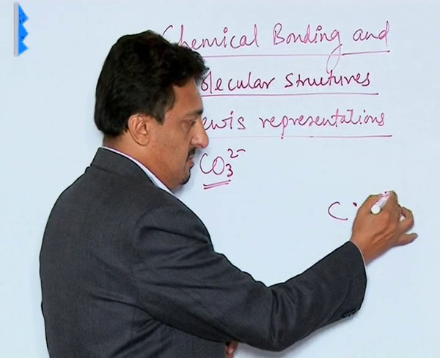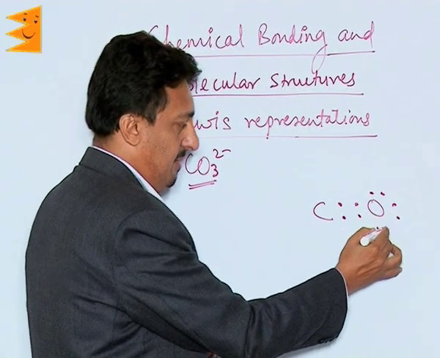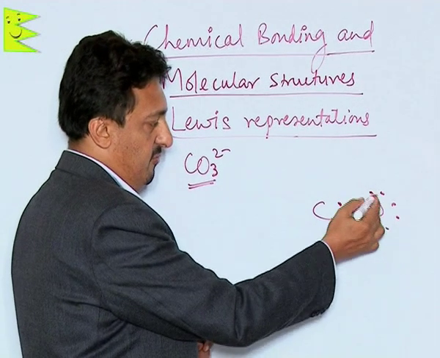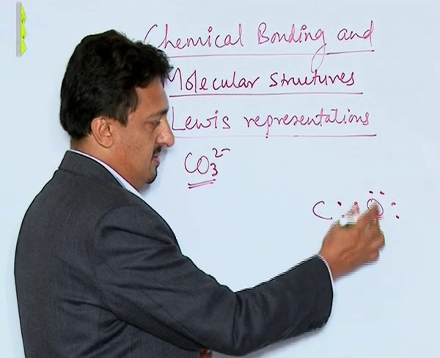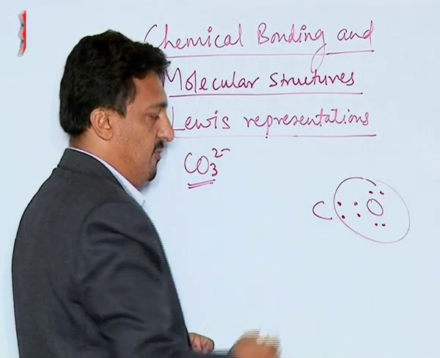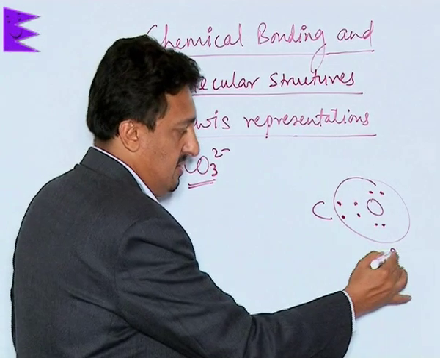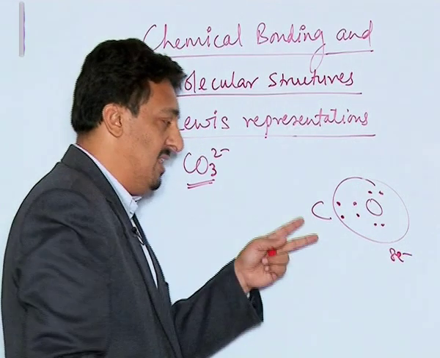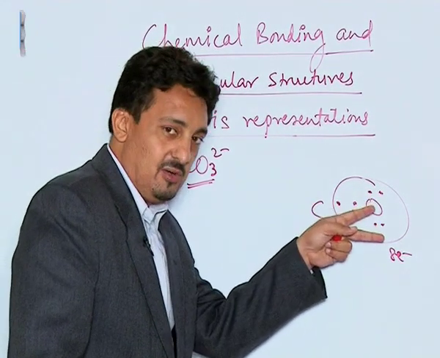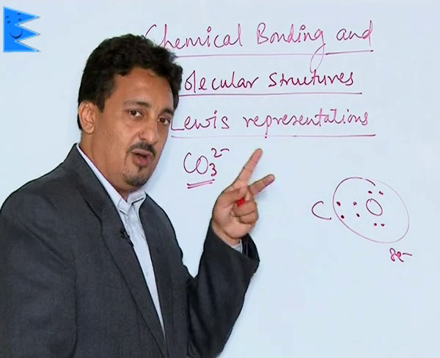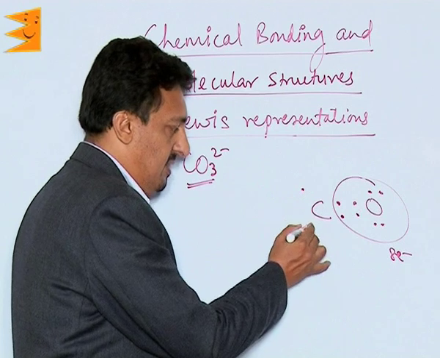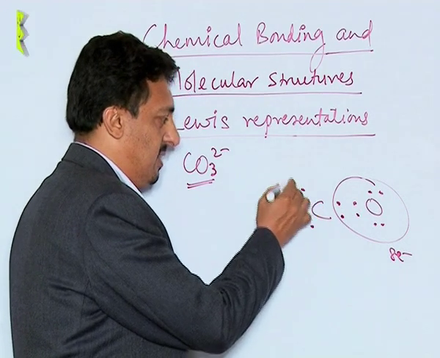This is how it forms a double bond with the carbon atom, completing 8 electrons. Now, since 2 of the carbon's electrons are already engaged with one oxygen atom, the carbon is left with only 2 electrons, and these 2 electrons are shared one each with the other oxygen atoms.